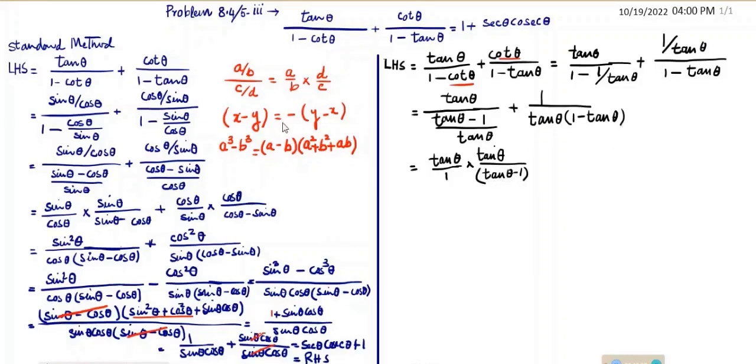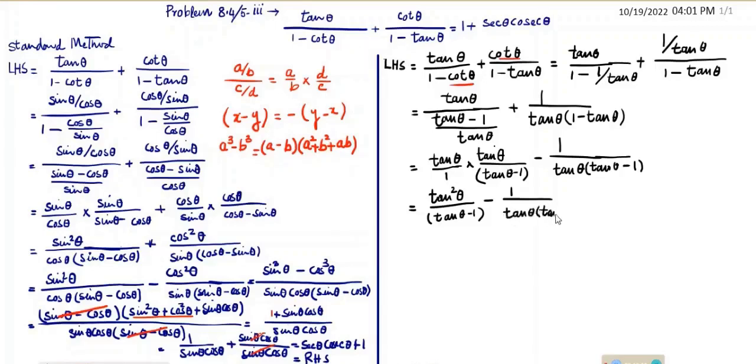The two terms in the denominator involving tan theta and minus 1 are same. They differ only in their signs. So we'll take minus sign common from the denominator of the second term. So that will leave this term as tan theta minus 1. This is again simply a subtraction of fractions.